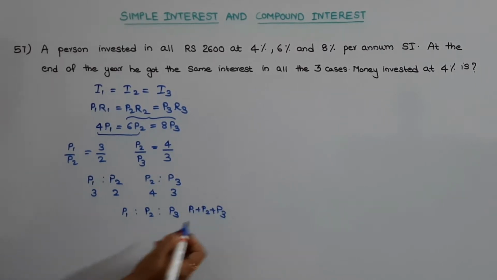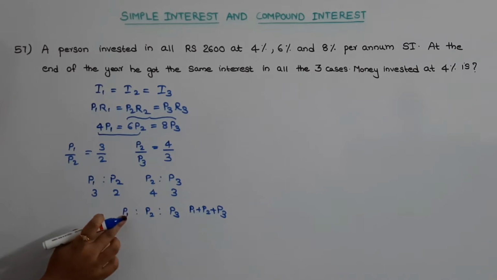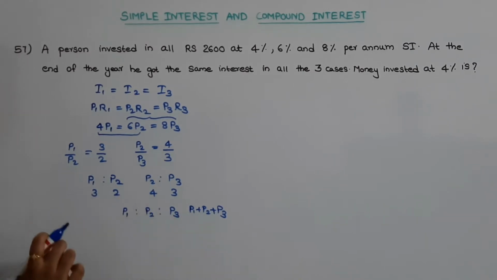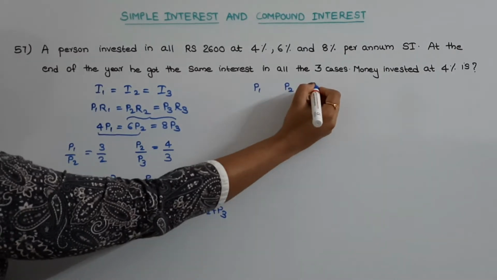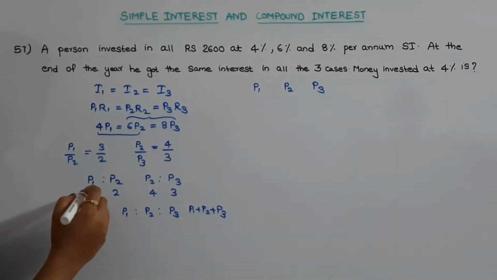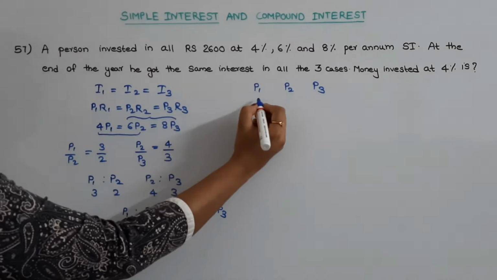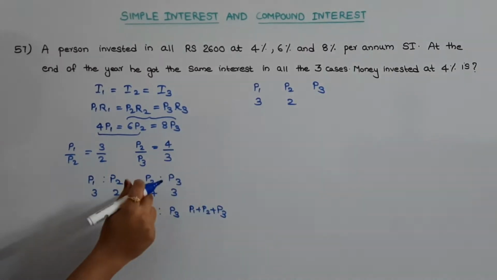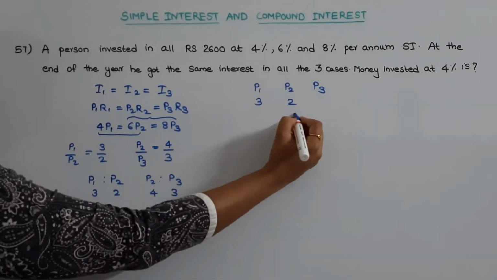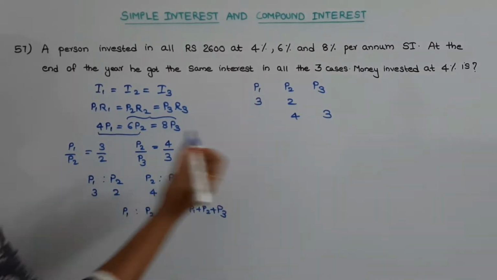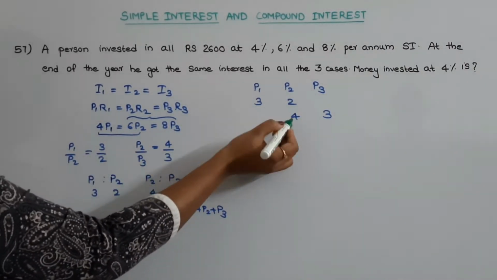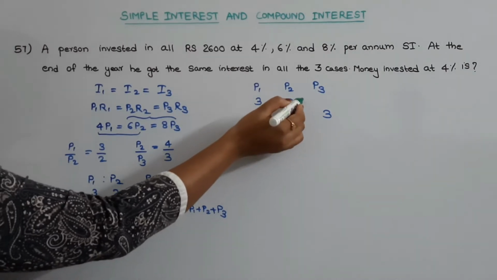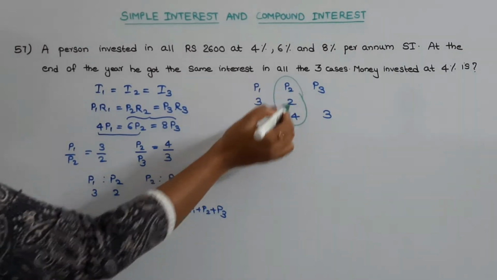So first let us find out the ratio P1 is to P2 is to P3. For that, write here P1, P2, P3. P1 is to P2 is 3 is to 2, that you write here. Then P2 is to P3 is 4 is to 3, that you write here. Now what we need to do is make the middle value the same, that is, make the values of P2 the same.